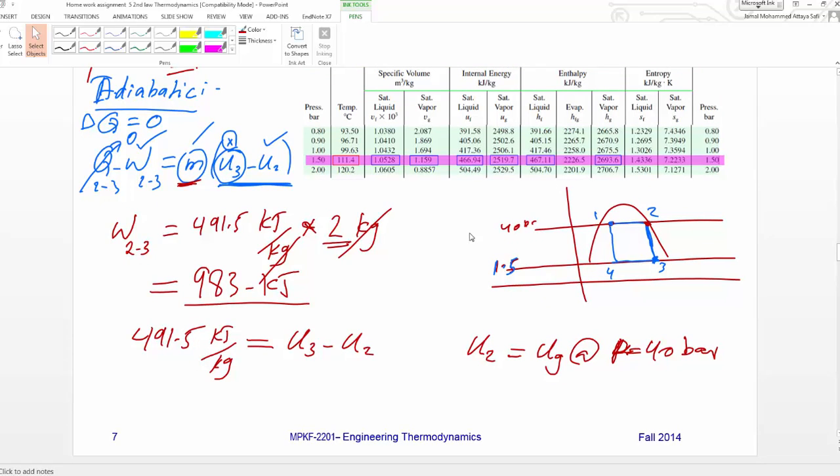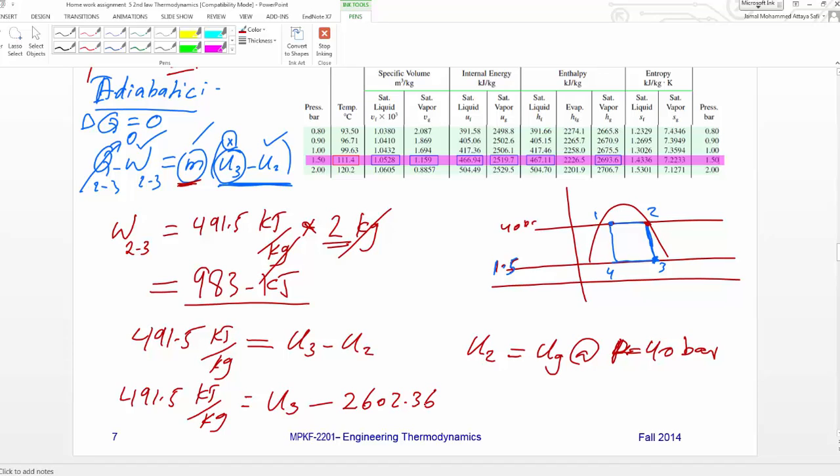So U2, if I read this, I can write it down here now as 491.5 kilojoule per kilogram equal to U3 minus, now I know that this is UG at 40, and I know that this number is 262.36.